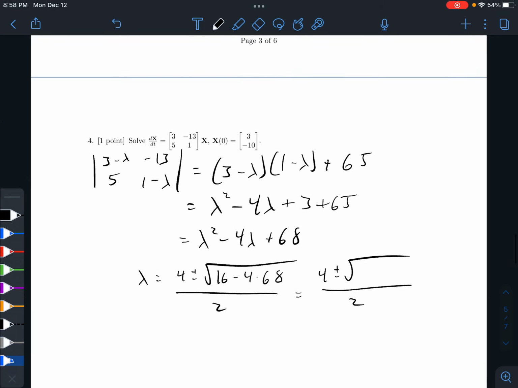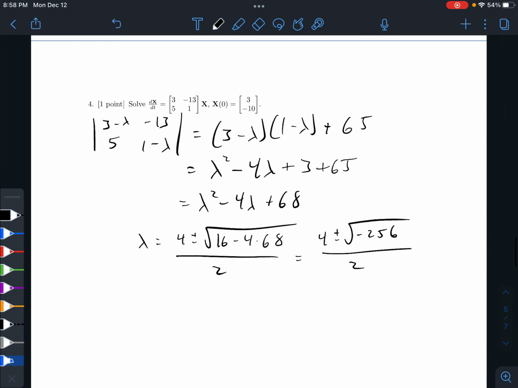Okay, what's 4 times 68? 272. Yeah, that's negative 272. And then negative 272 plus 16 is negative 256.